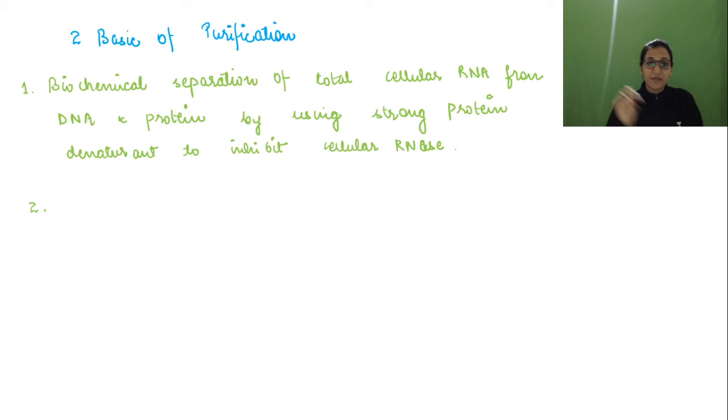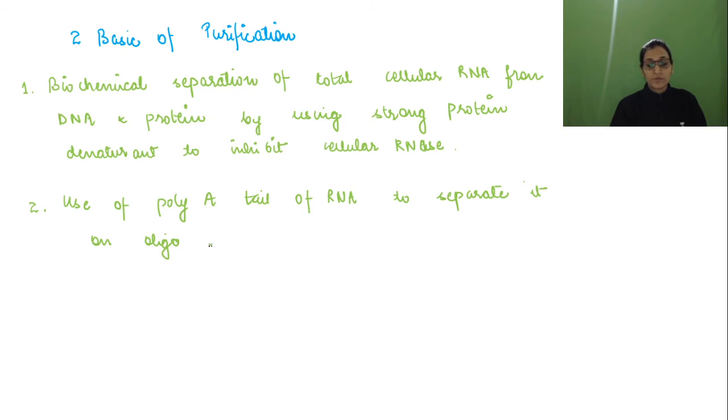First is biochemical separation of total cellular RNA, and second is use of the poly-A tail of RNA to separate it on an oligo-dT affinity matrix. These are the two important things that we have seen.